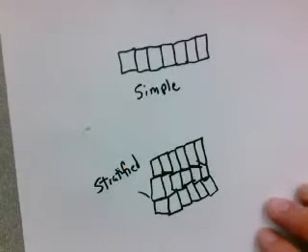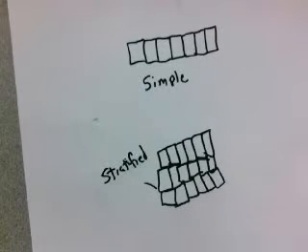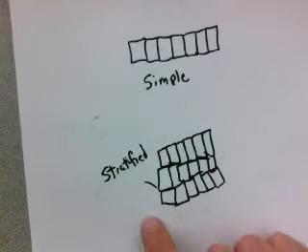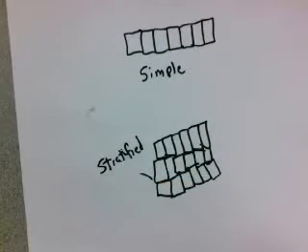And this is stratified epithelial when we take a look at it. You can see it's cell on top of cell on top of cell, but there's multiple layers. So the first thing we take a look at when we name epithelial tissue is how many layers of cells there are. If there's multiple layers, it's called stratified. If there's one layer, it's called simple. So you have simple and you have stratified.